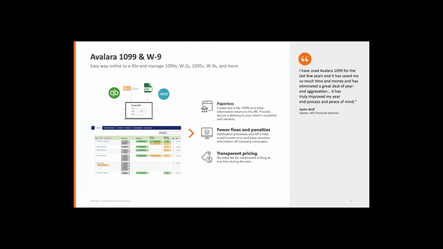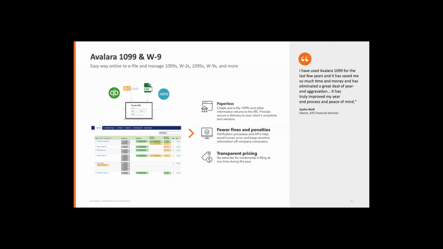Avalara does offer some solutions around 1099s and W-9s. We have several integrations with the 1099 application, and you can either direct import that 1099 information from QuickBooks into our product, and we can automate the generation of the emails to your end vendors to produce that documentation, and we can also help you manage the W-9s through that process.